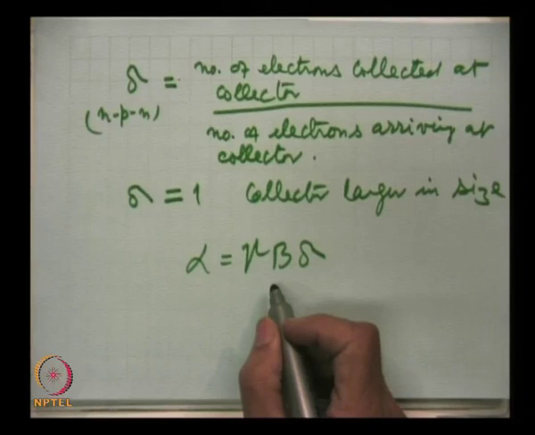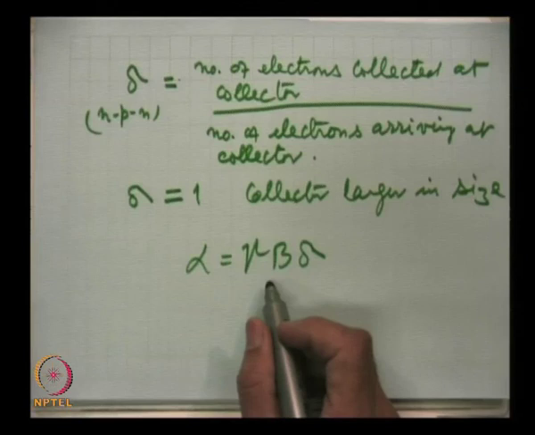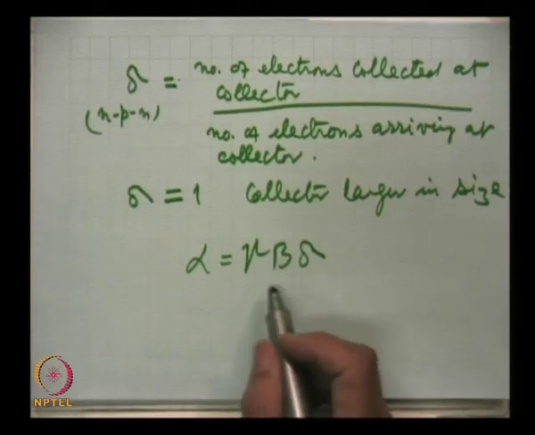This is the base transport factor, and we have seen that to make it closer to 1, it needs base width less and diffusion length of electrons large enough, and that is achieved by keeping the base again lightly doped.